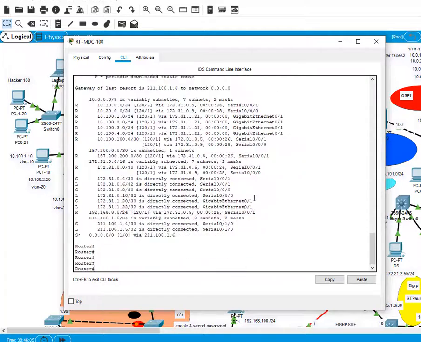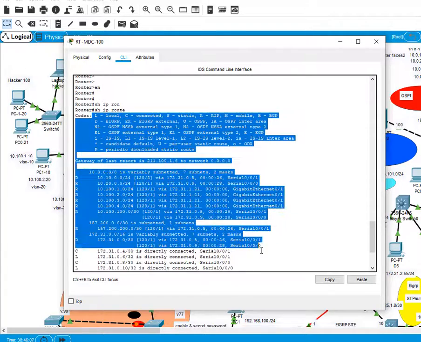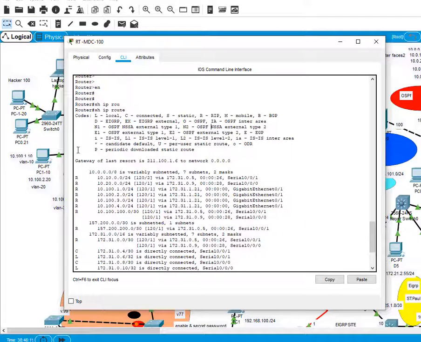You see, this is the information related to the routing table, and there are a few things that we can learn, like the flags for EIGRP and OSPF information. What do these flags mean? Another piece of information that we can see is the gateway of last resort is this one. That means we have a default gateway.